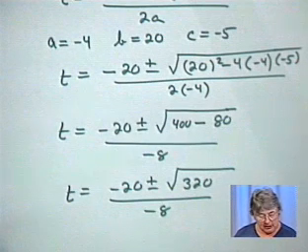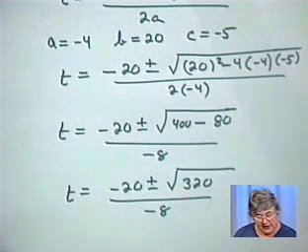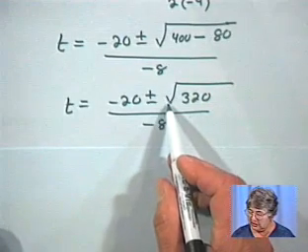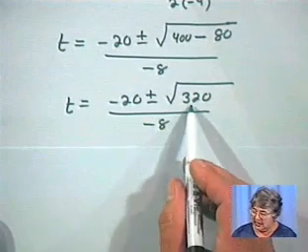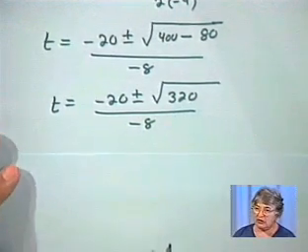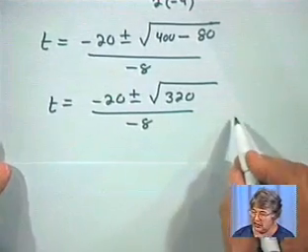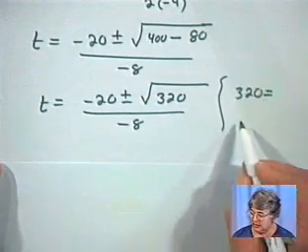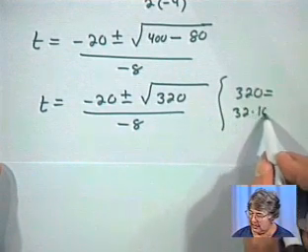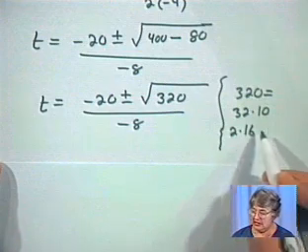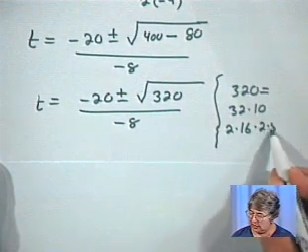Let's simplify that 320 a little bit. We could factor the 16 to the outside. 320 is going to be 16 times 20. I guess we could simplify a little bit more, so let's work a little bit on the side here. 320 is the same thing as 32 times 10, but 32 is the same thing as 2 times 16, and 10 is the same thing as 2 times 5.